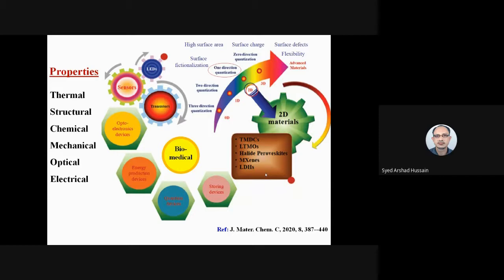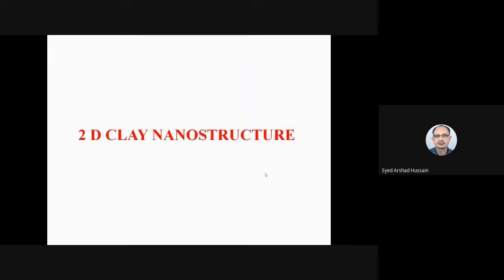Accordingly, there may be a lot of applications in optoelectronic devices like LEDs, sensors, energy sectors, biomedical applications, quantum devices, storage devices. So many applications are promising, mainly due to this change in properties with respect to its bulk counterparts.